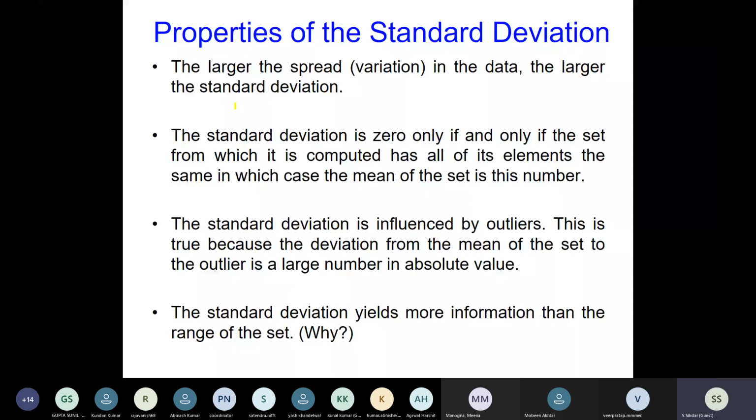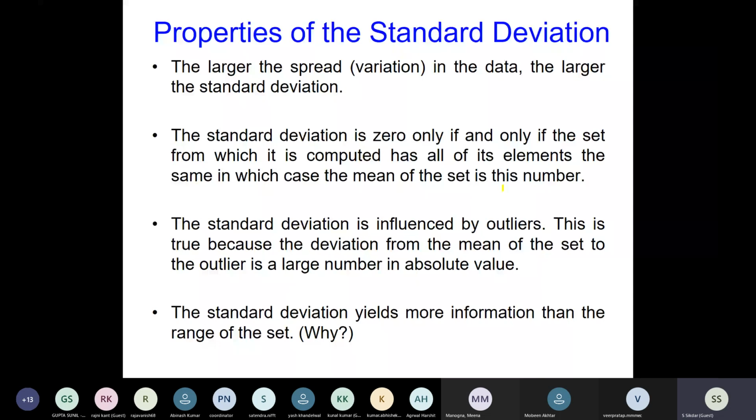We told that standard deviation is zero if and only if the set from which it is computed has all of the elements the same, in which case the mean of the set is this number. So first you have to have the same value for all of them. Then only xi minus x bar will be zero. Otherwise, there is no other way.